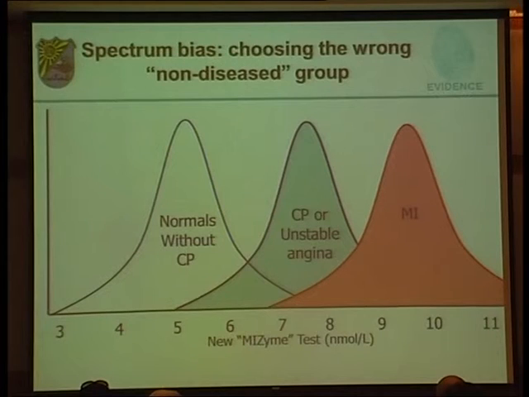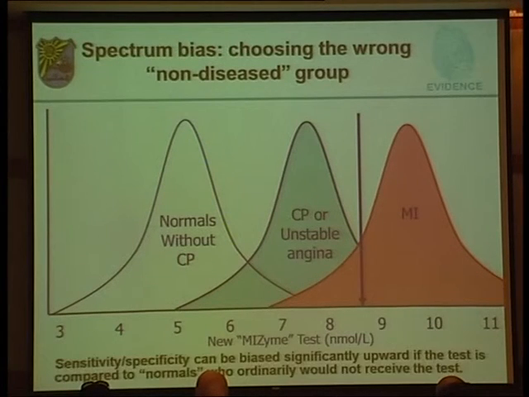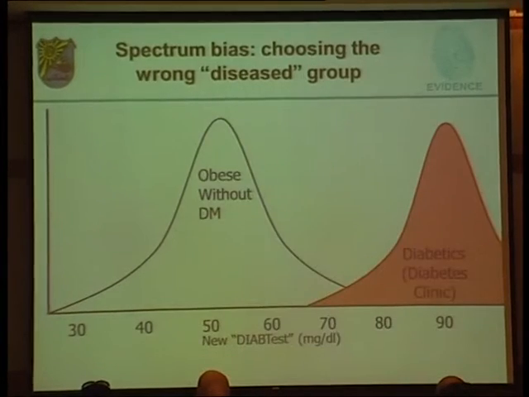Now, it turns out that this test is much higher in those people with chest pain from other causes. Now what's the sensitivity and specificity? Much lower. Do you see the problem of including people in the study who would not ordinarily be eligible for the test? Okay?